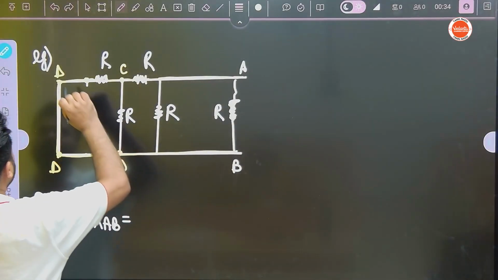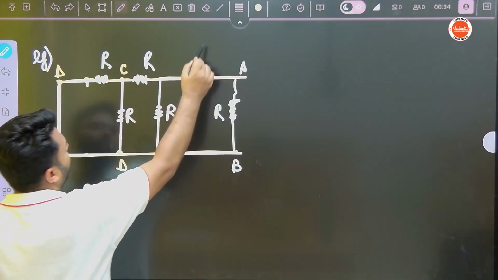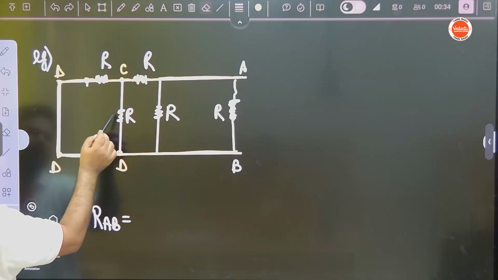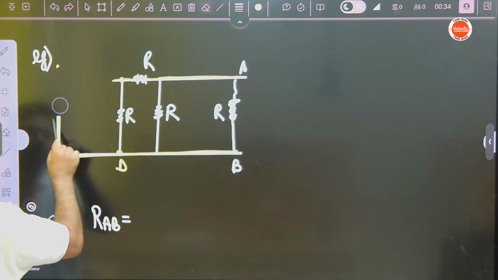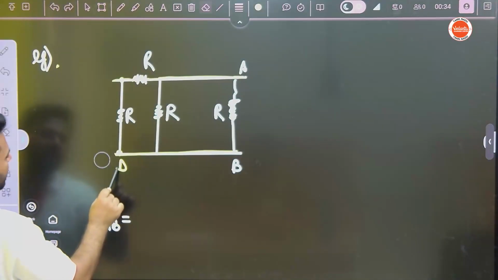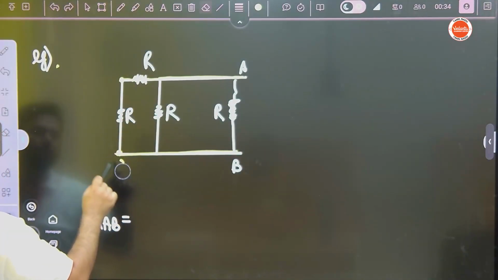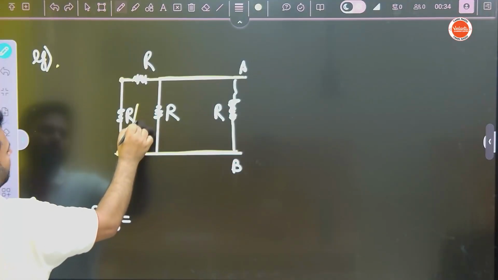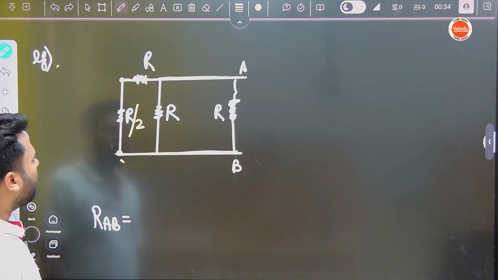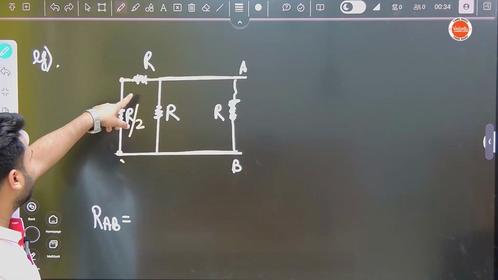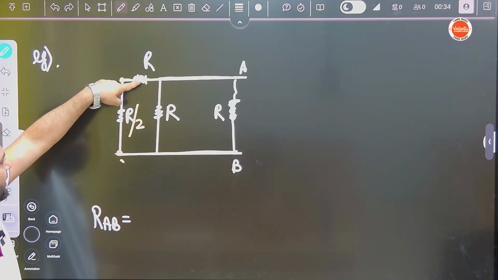So what you do? You remove this. They are in parallel. You remove this and write R by 2. Now, here we have R also.